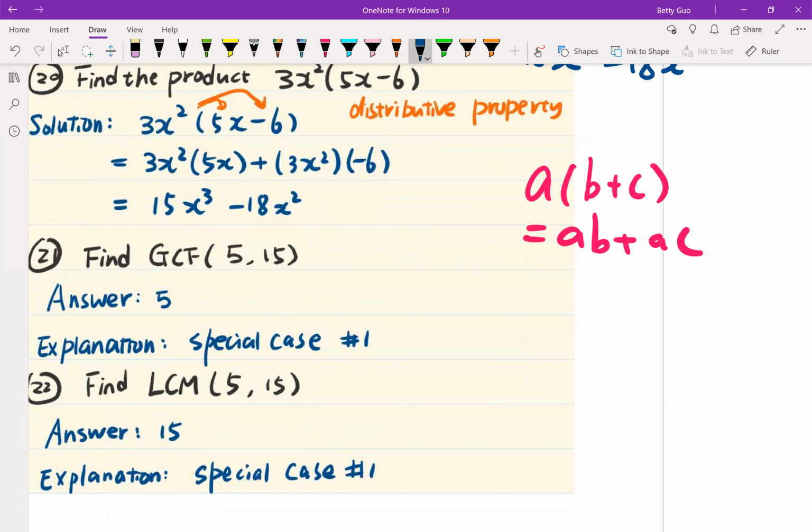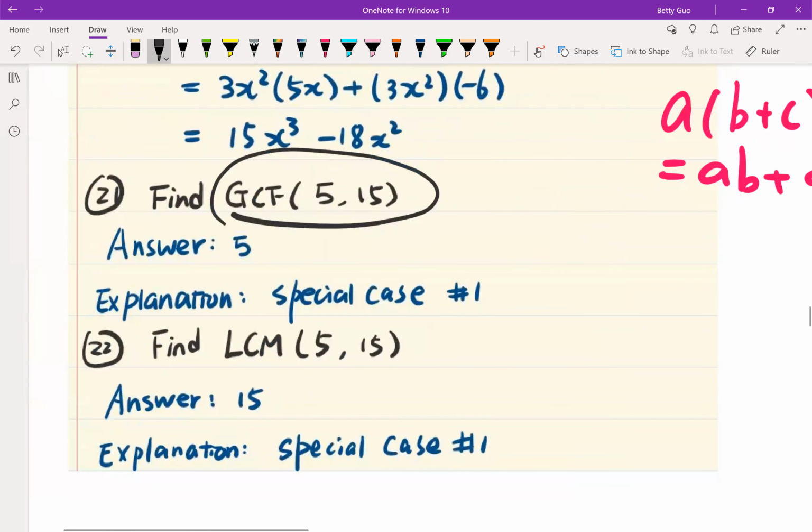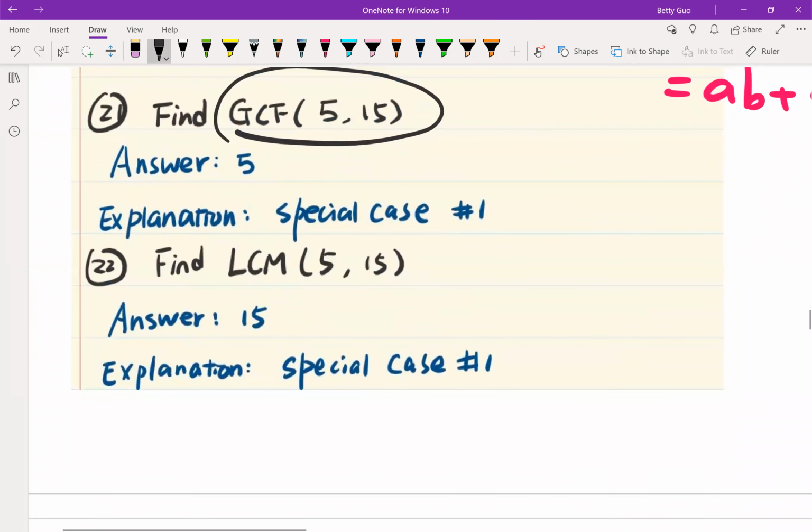When you look at 5 and 15, 5 is a factor of 15. 15 is a multiple of 5. Is that special case number 1 or special case number 2? Yeah, thank you. Special case number 1.